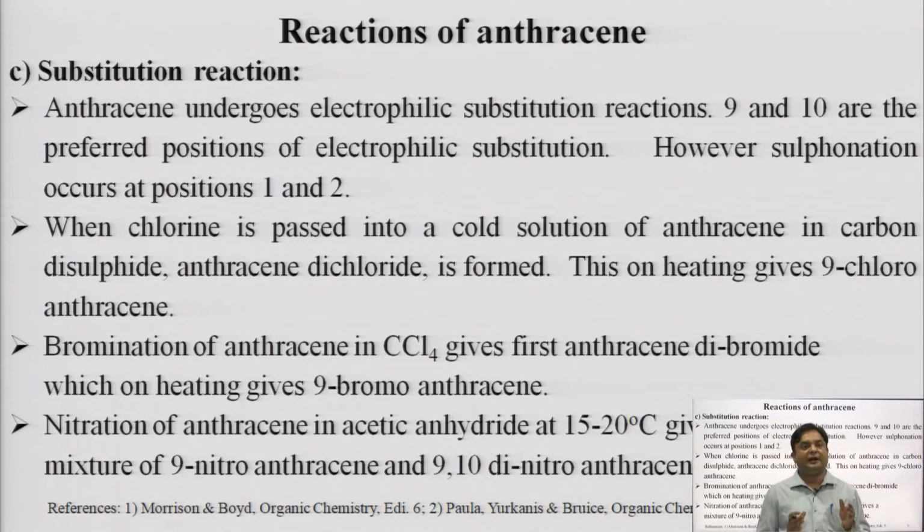Bromination of anthracene in carbon tetrachloride gives first anthracene dibromide, which on heating gives 9 bromoanthracene. As you can see, in chlorination as well as bromination, the first product is the dihalogen product, which on heating gives monohalogen substituted anthracene.